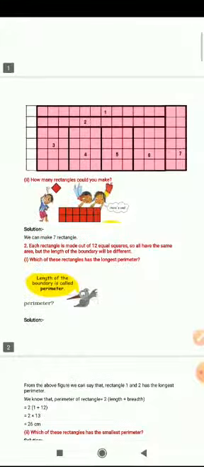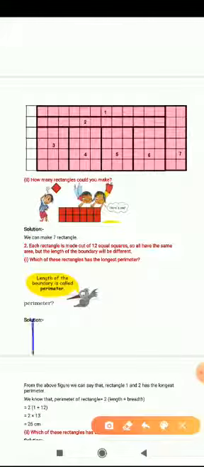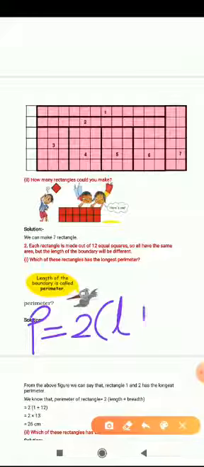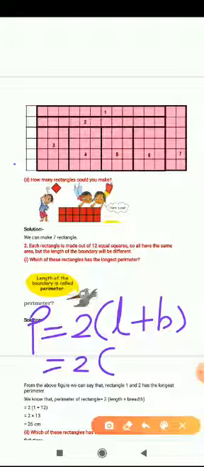So I am finding the perimeter of this rectangle 3. Everyone just concentrate over here. Perimeter is equal to 2 times L plus B. Now the length of this rectangle 3 is that vertical line. So we have to count squares. How many squares are there? 1, 2, 3, 4. So I am writing over here 4, plus the breadth, which is your horizontal line. It has 3 squares.